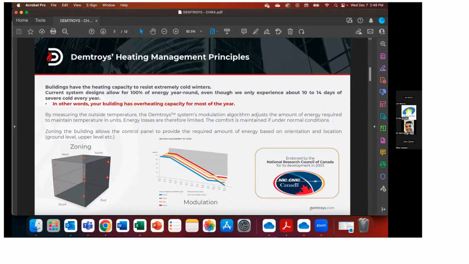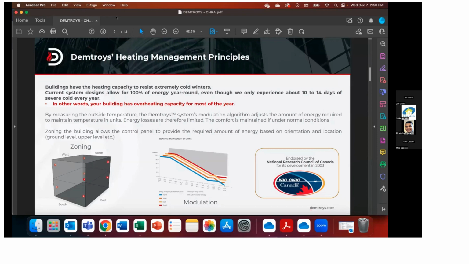Typically from September through June, where we only need about 10 to 14 days of that 100% capacity of heating. So there's a whole bunch of technical pieces that go behind this, but really what we're doing in general is allowing 100% consumption of energy when we only really need it for about 10 to 14 days per year at 100%. Most of the time we need a significant amount less.